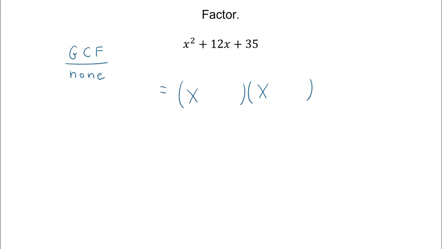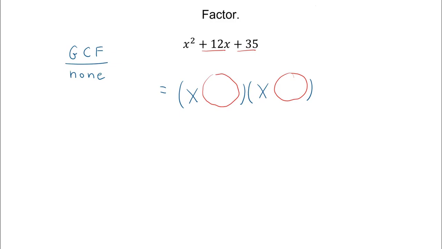Now to find each of the remaining terms, remember, I have to find 2 numbers that when multiplied together give me the last term in the polynomial. But those same 2 numbers also have to add to give me the coefficient of the middle term in the polynomial. So I need 2 numbers that when multiplied give me 35, but when added give me 12.